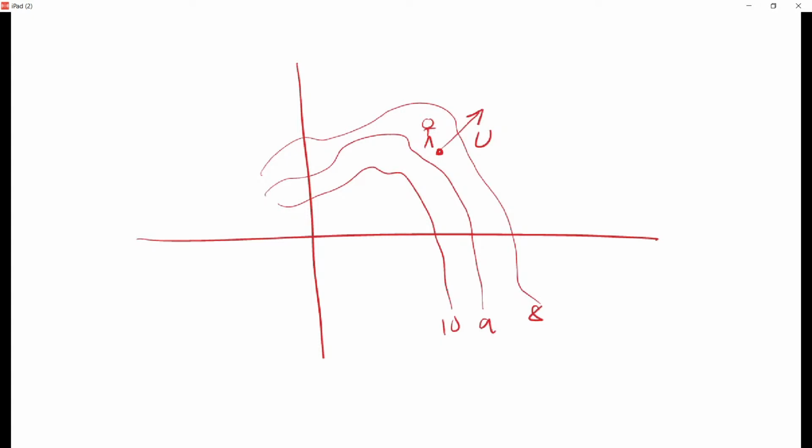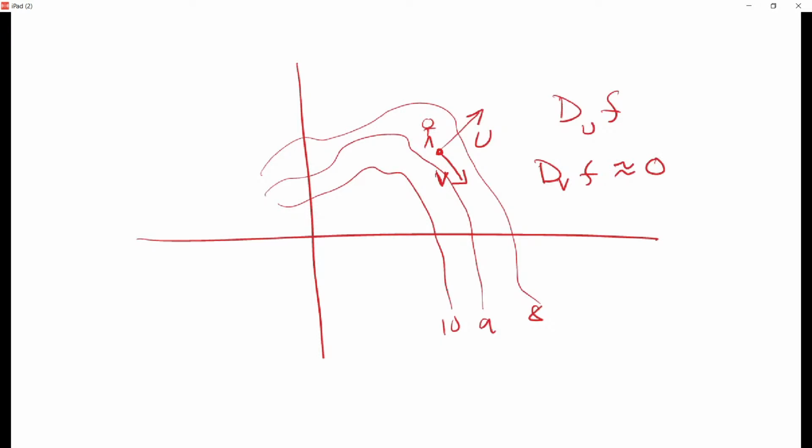But in this case, d sub u of f is the directional derivative, the slope of a trail going in that direction. So you can see that the slope of a trail going that direction is going to be different from the slope of a trail going this direction. In fact, this direction, d sub v of f, is going to be close to 0.